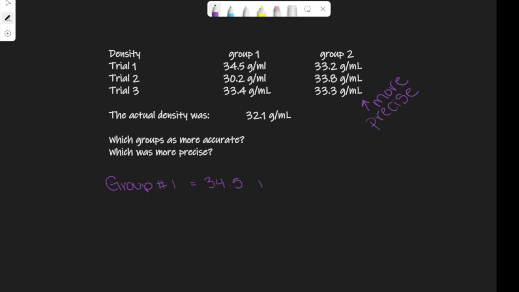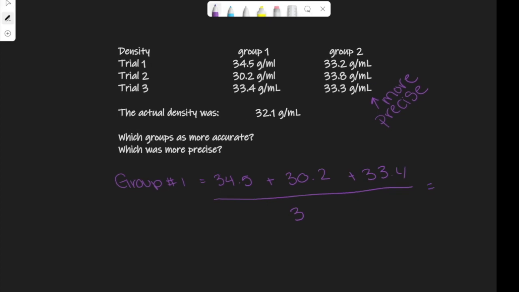I'm going to leave off my units for now. Then we divide this all by 3. All right, I get my average to be 32.7 grams per milliliter. Let's figure out our percent error for group number 1.